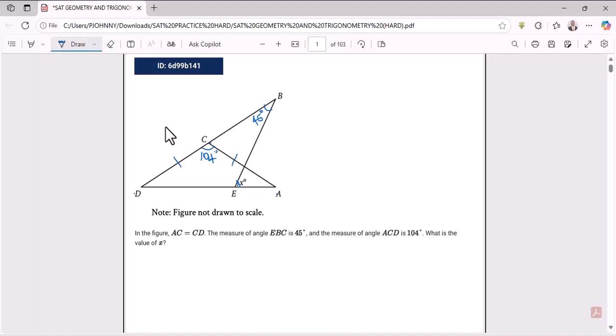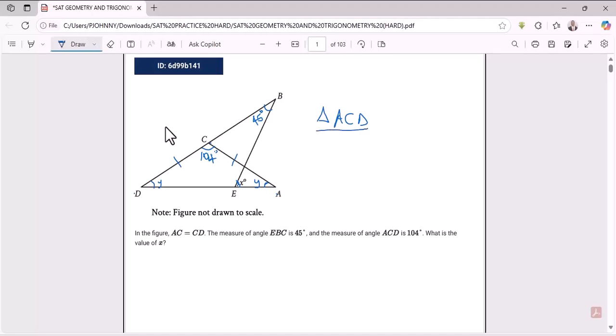So finally the isosceles triangle information they give us becomes important because if you look at triangle ACD, you can call this Y. I also call this Y because it's an isosceles triangle, right?